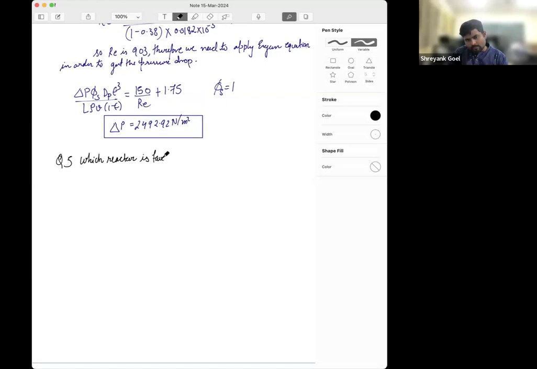Which reactor is favored if efficient contacting in a reactor is of prime importance?